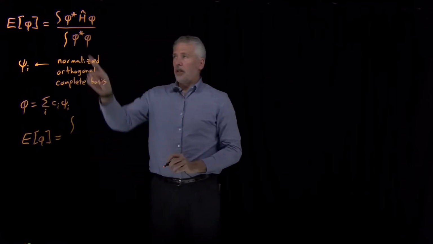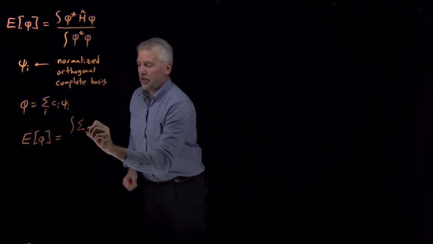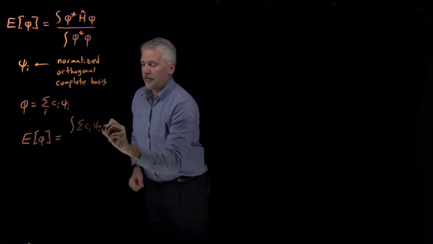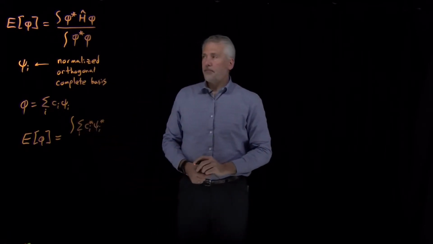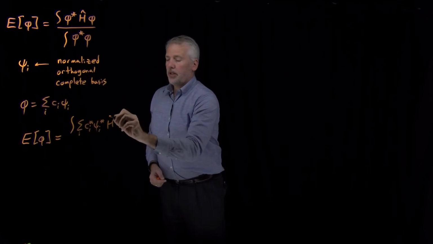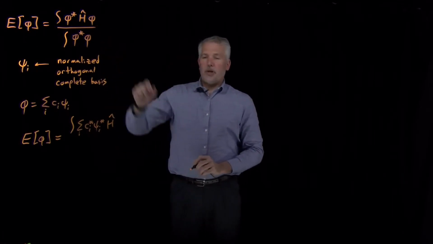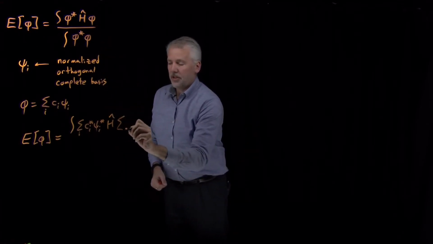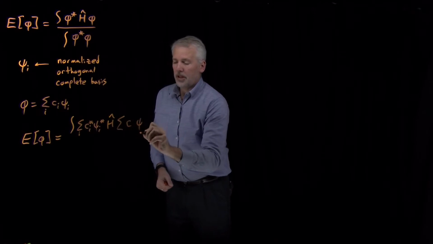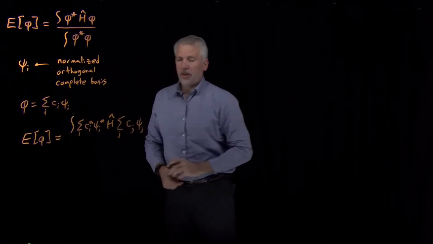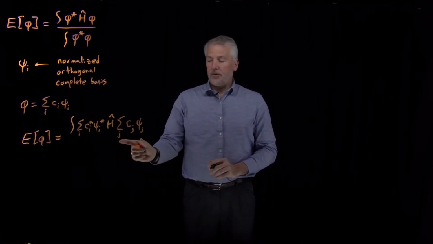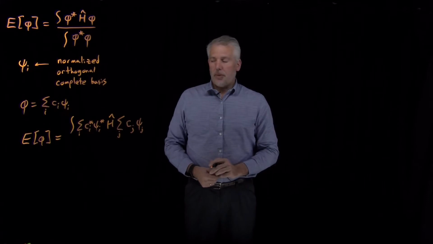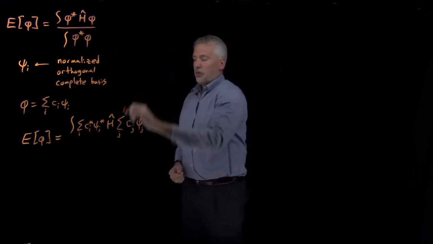In the numerator, phi star becomes a sum of coefficients times wave functions, but each of those is now a complex conjugate. And then the Hamiltonian acts on the trial function again, which is again a sum of coefficients times wave functions. I'll use a different summation variable here to distinguish the sum in the first sum, which I'm using I for, and the summation in the second sum I'm using J. That's the numerator.